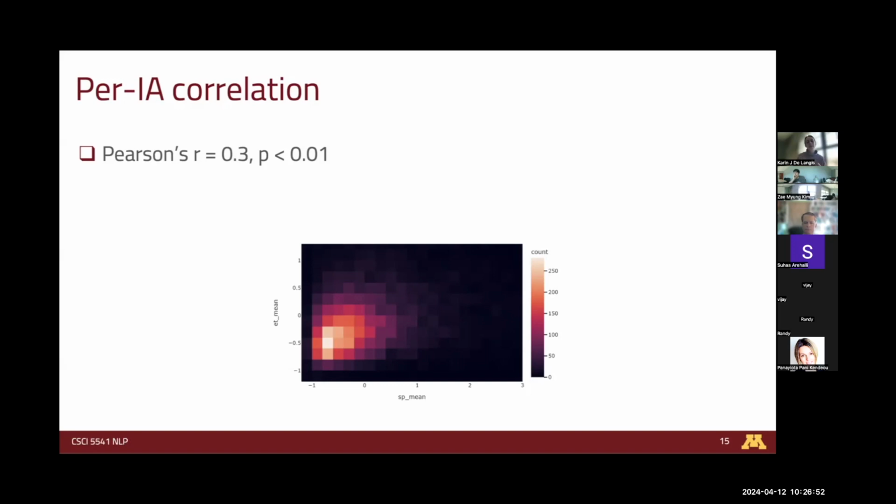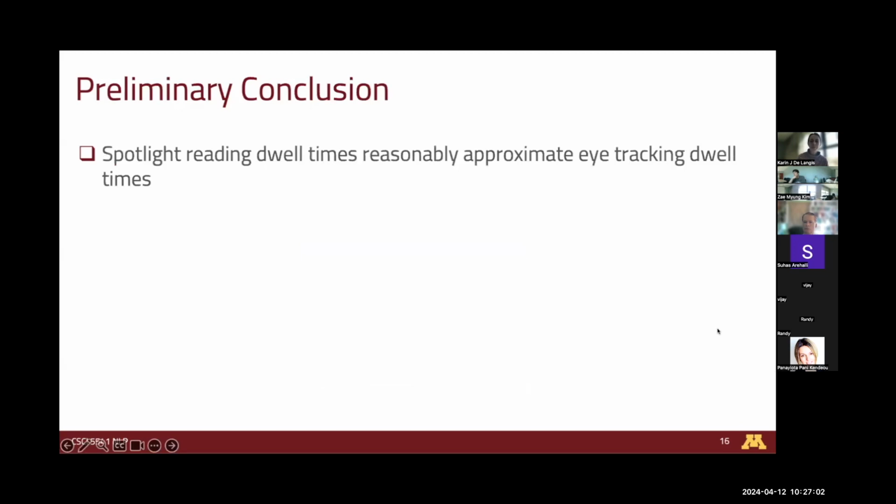Still, it does seem like there's at least some correspondence between the two experiment modes in terms of which words are being focused on more or less. So our conclusion from looking at this dwell time data across the two experimental modes is that, at least for our purposes, the spotlight reading dwell times are a reasonable approximation for our eye tracking dwell times.